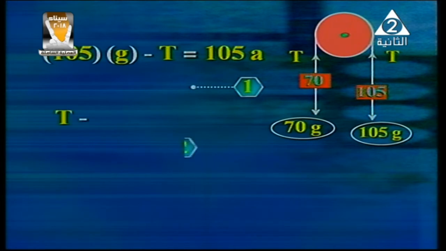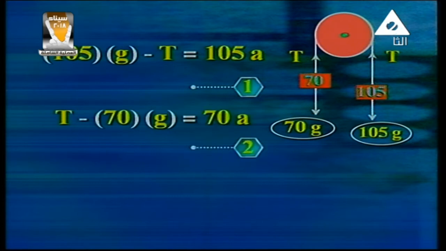The second motion equation: T minus 70g equals 70a. Remember the motion is vertically upward in the direction of the greatest body, 105.